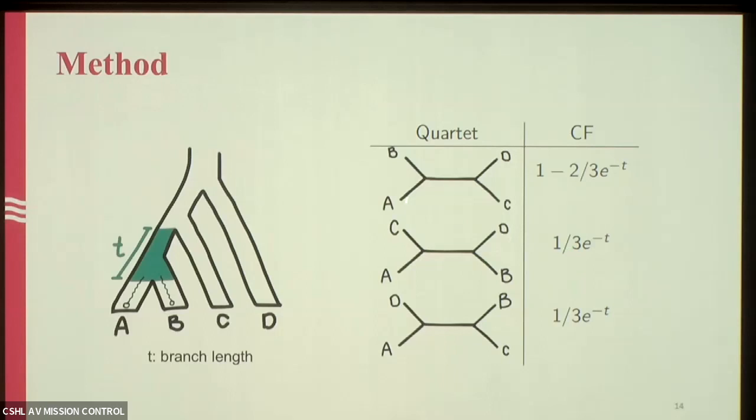We call these splits quartets. The concordance factor is the proportion of gene trees displaying a given quartet. We can write the concordance factor as a function of the branch lengths, and if we know the values of the branch lengths, we can calculate the concordance factor value.